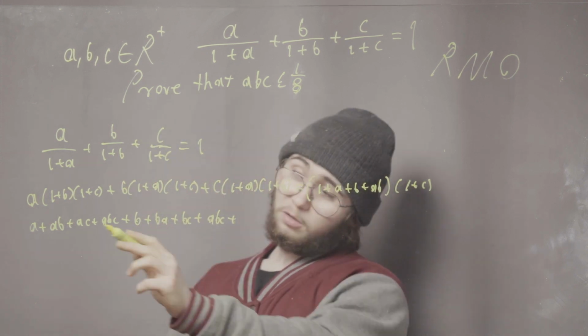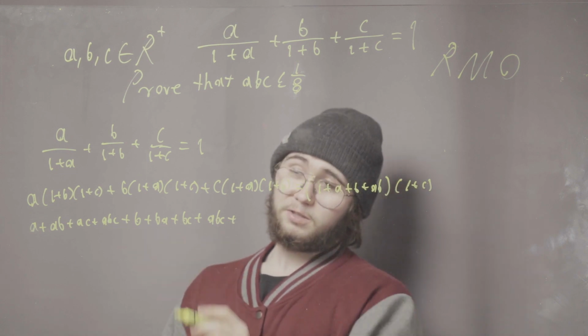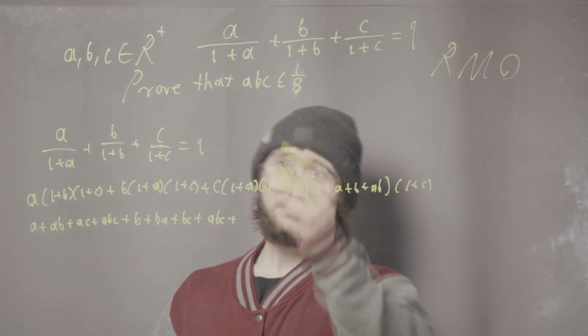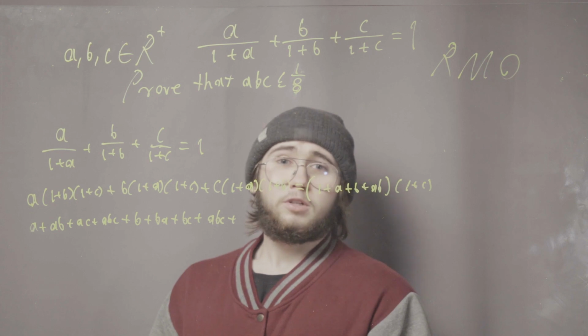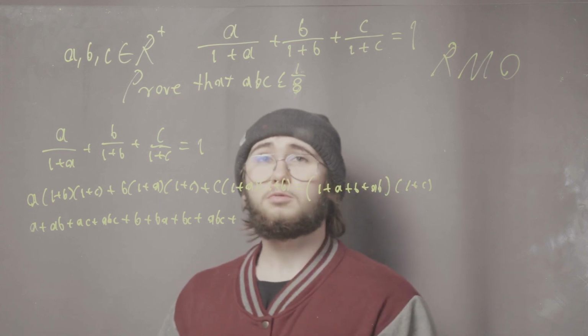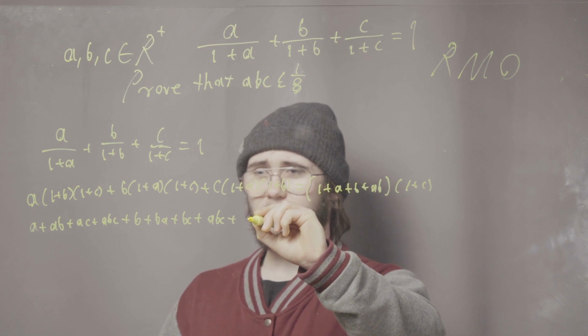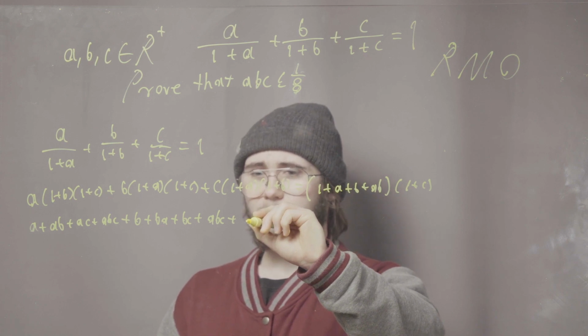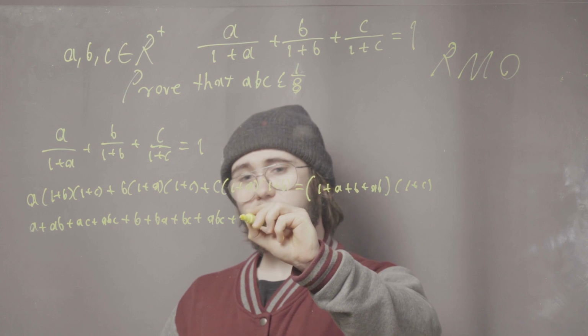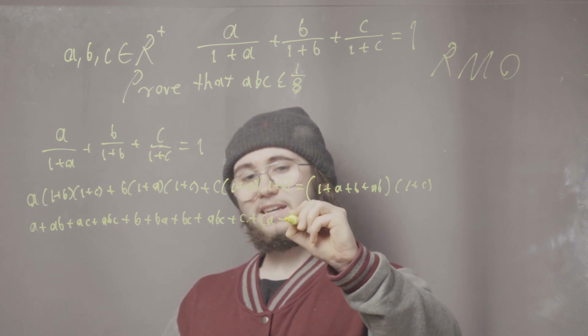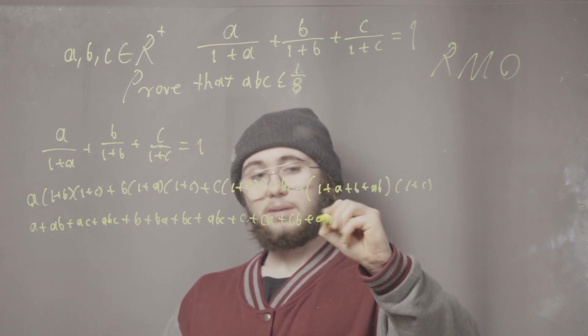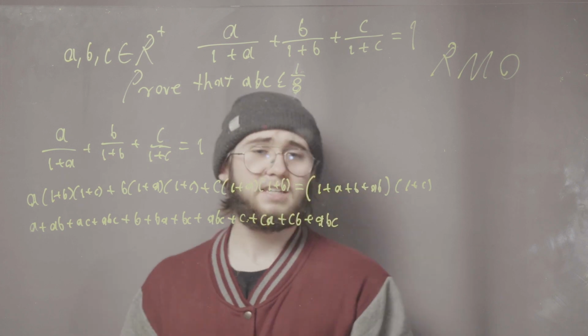Remember that we actually want as many of those ABCs as possible, because if we manage to keep some of them, we will probably be able to get an upper bound of them later using AM-GM. Where was I? Here. C plus CA plus CB plus ABC.